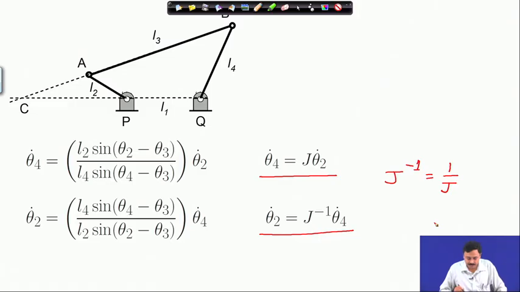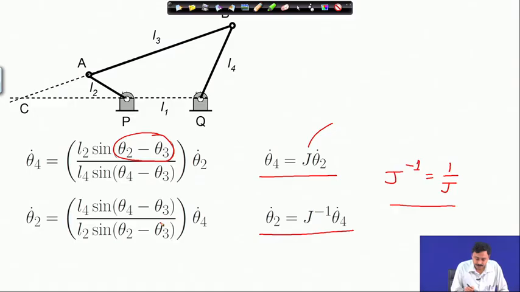Now, this brings in some issues, as you can very well realize that for certain relations of theta 2 and theta 3, the sine of theta 2 minus theta 3 can go to 0. If it goes to 0, then I cannot invert the Jacobian, because the Jacobian has gone to 0, and I cannot find 1 by 0. It can also happen the other way.